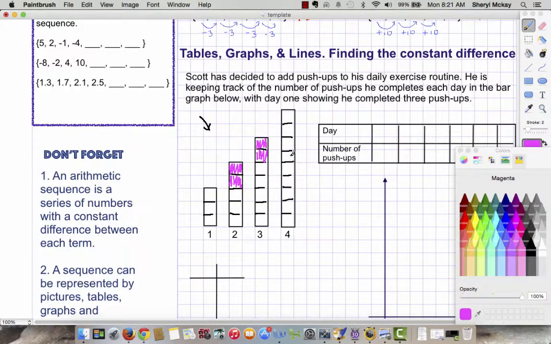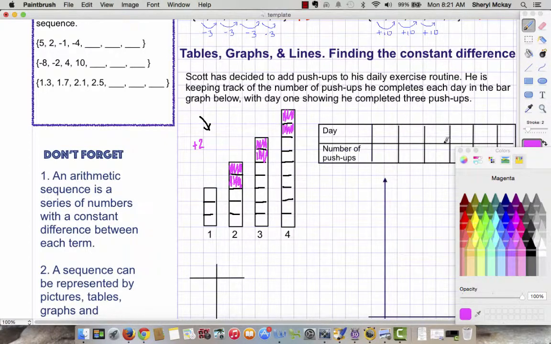And then on the fourth day, he did the amount that he did on the third day, which was 7, and he added 2 more. So what is our constant difference in this scenario? Well, it's plus 2. Our constant difference is plus 2. So that's a picture of this sequence.